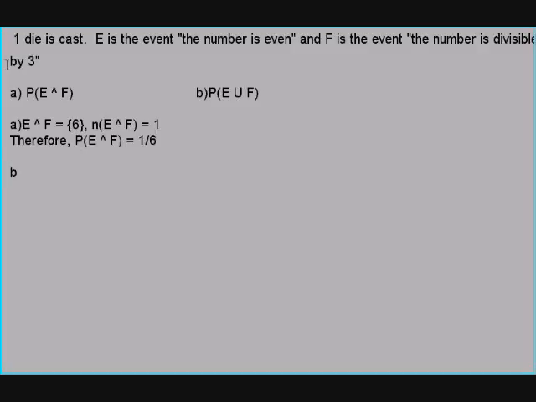So let's look at part B. We know that the probability of E union F equals the probability of E plus the probability of F minus the probability of E intersect F.